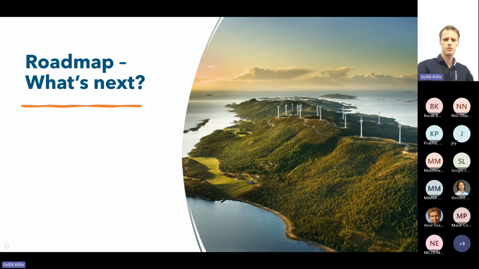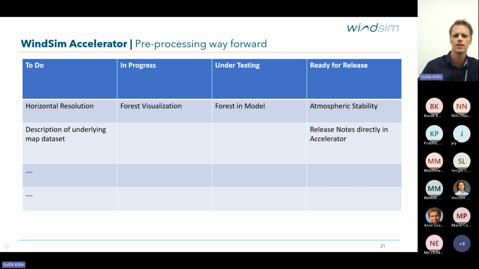Now I will talk a little bit about our next plans for Accelerator. Where will we go forward? Here is a very condensed version of what we are currently working on.